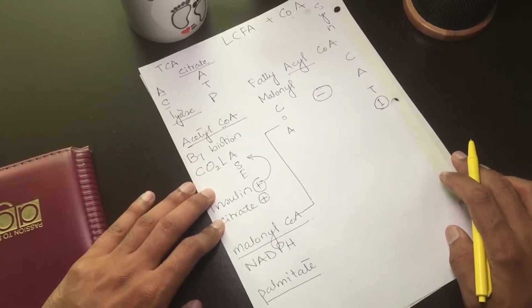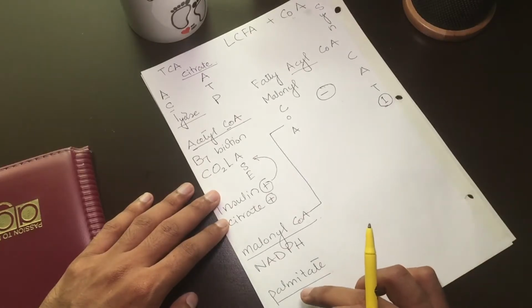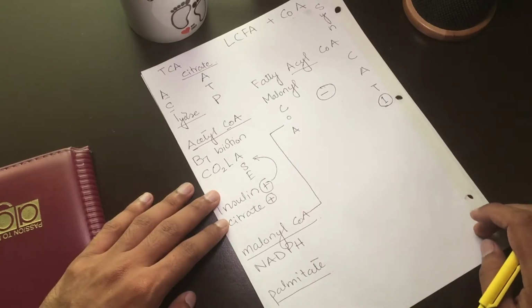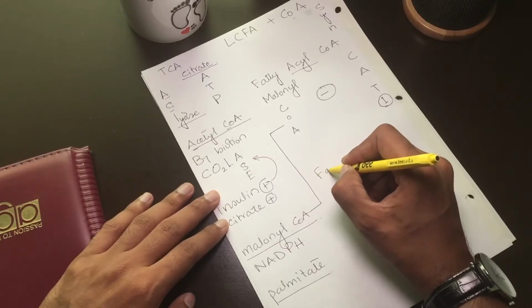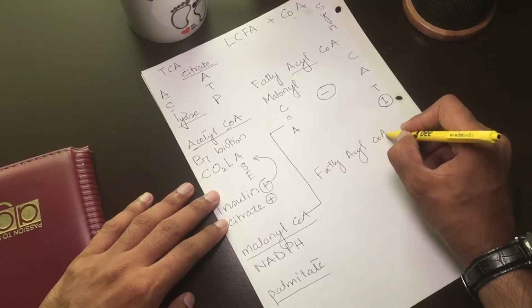This carnitine acyl transferase moves the substrate from the cytoplasm into the mitochondria, so acyl CoA is shifted into the mitochondria.